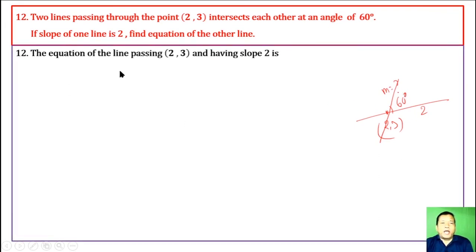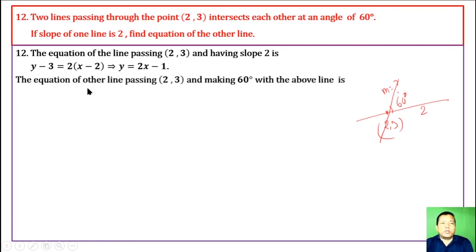The equation of the line passing through (2, 3) and having slope 2 is y minus 3 equal to 2 times (x minus 2), which implies y equals 2x minus 1. The equation of the other line passing through (2, 3) and making 60 degrees with the above line is y minus 3 equal to m times (x minus 2), that is y equals m times (x minus 2) plus 3.